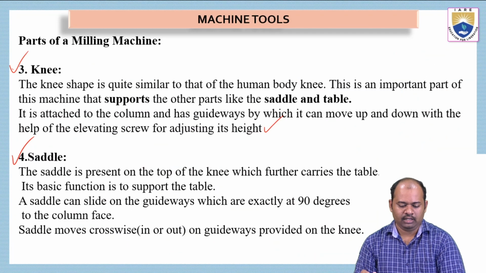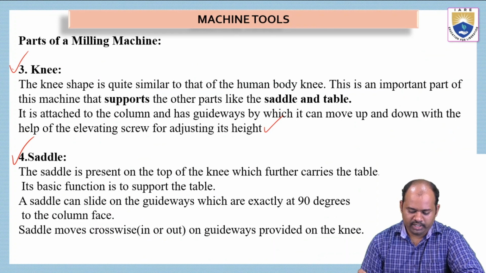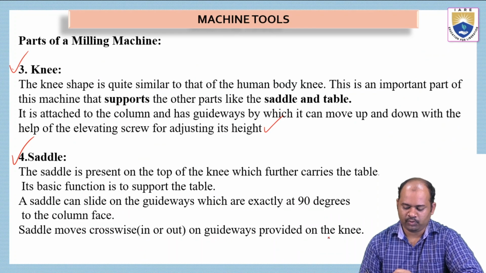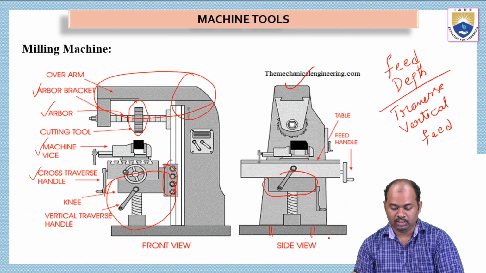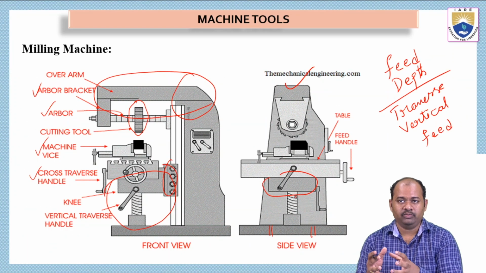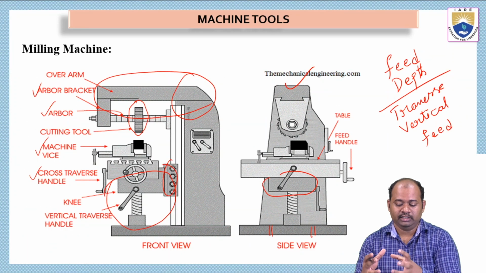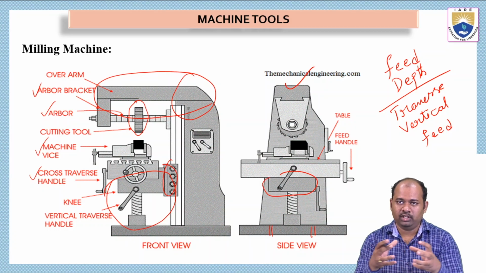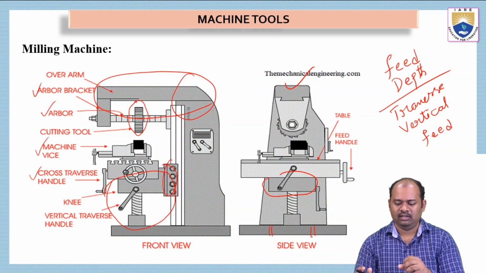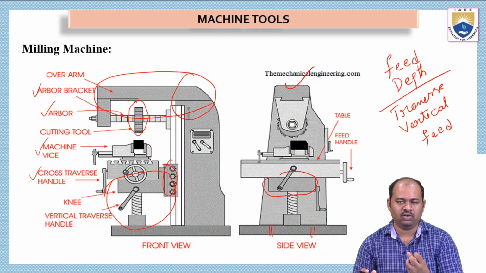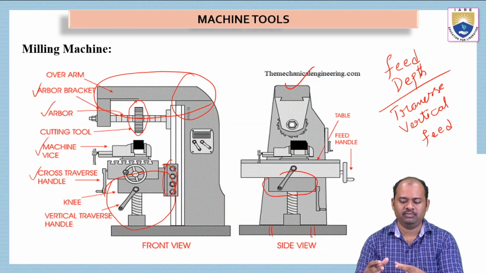And then the saddle moves crosswise on guideways provided on the knee. On the knee, the crossways are also provided so that this saddle will move in the horizontal direction also. Depending on the size of the workpiece we are working on, we have to adjust the position of this saddle.